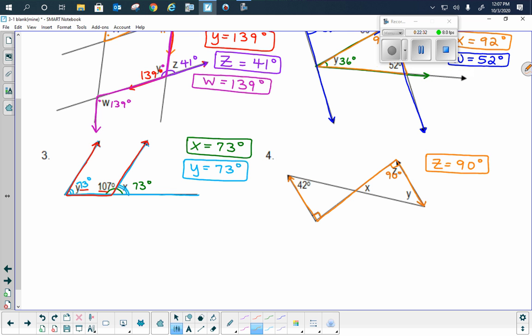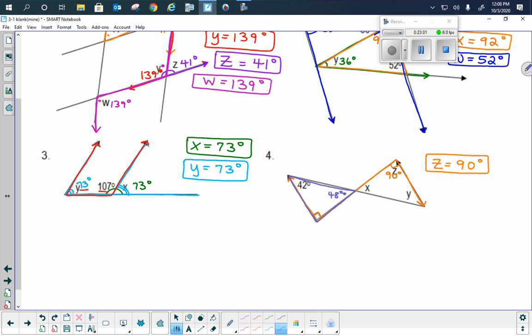I could use the triangle here on the left-hand side, right? I can use this triangle right here to solve for this angle. And so if I do 42 plus 90 and subtract from 180, I will get that that angle is 48 degrees.